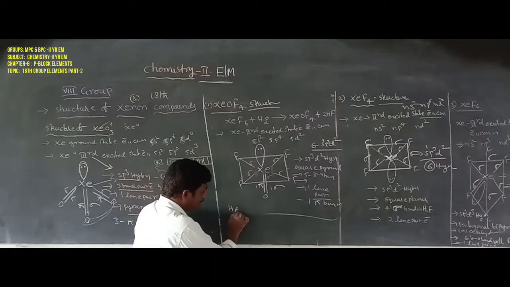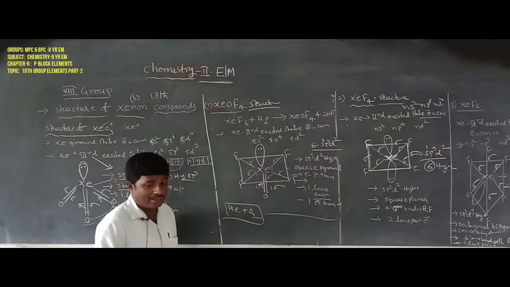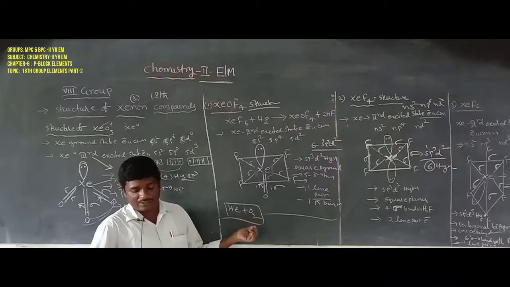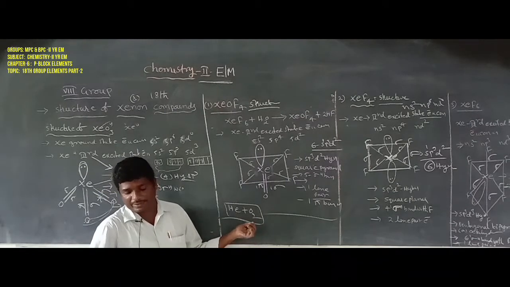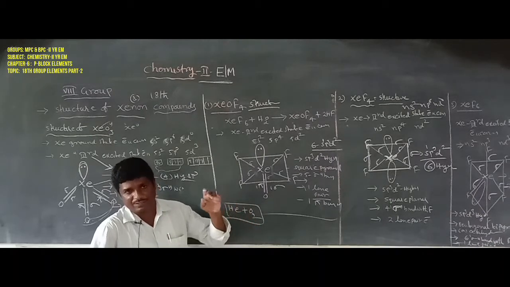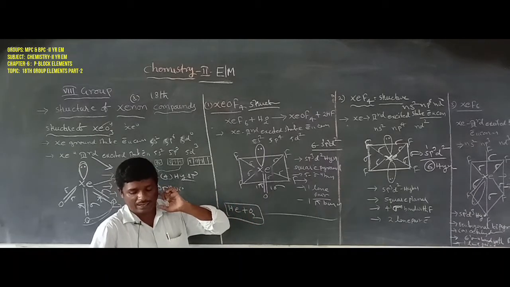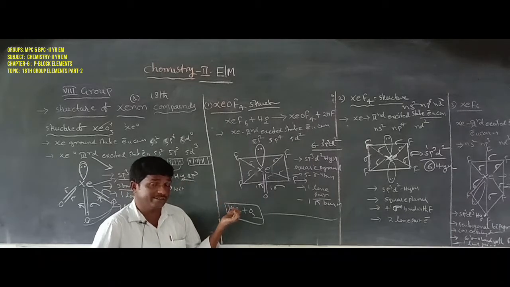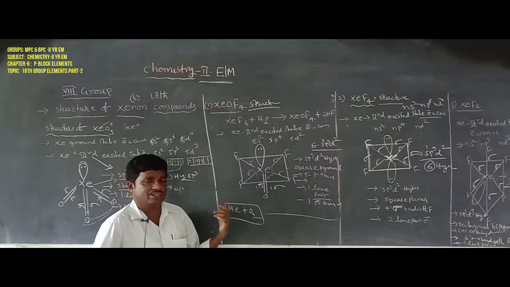The helium plus O2 mixture is used as a diluent for oxygen in modern diving operations, because of its very low solubility in blood. That is the uses of helium.